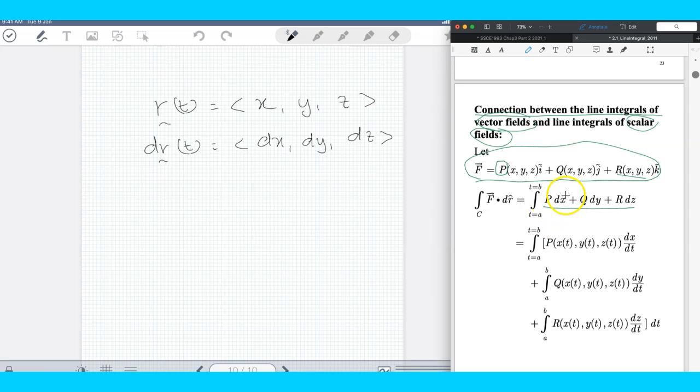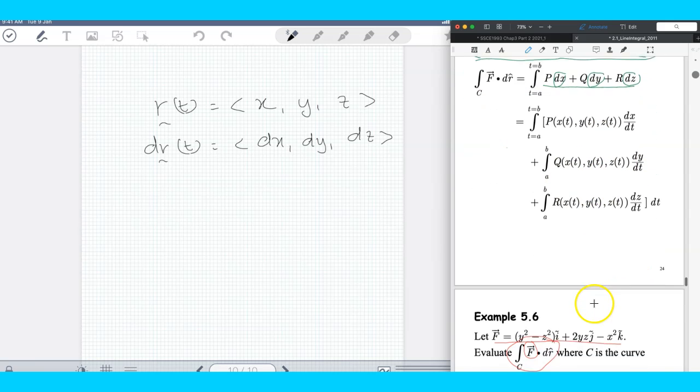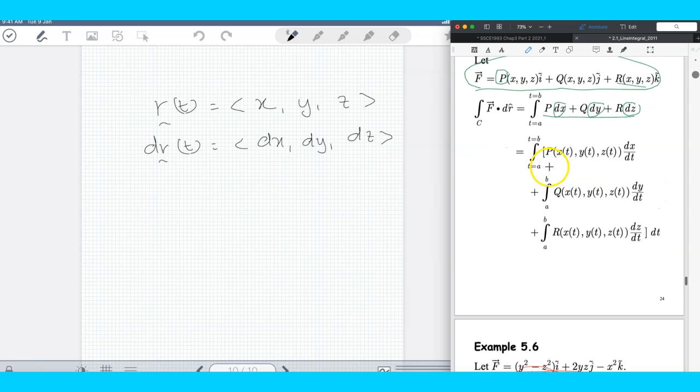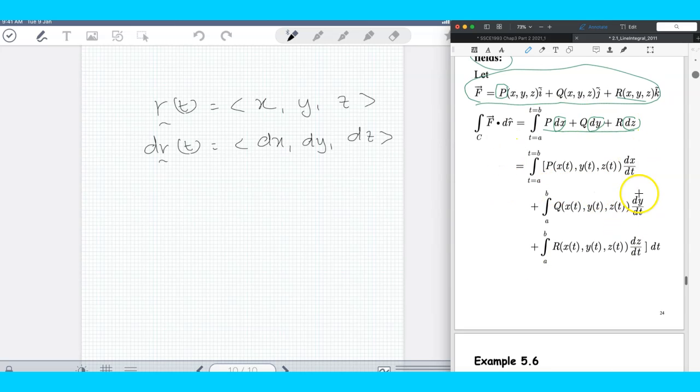So you have to replace your dx in terms of t, your dy in terms of t, your dz in terms of t, and also your components P, Q, and R. So after you substitute everything, all the equations in terms of t, then finally you can evaluate the integral. I don't want to explain in detail because this is very general. So we can see that in the example.